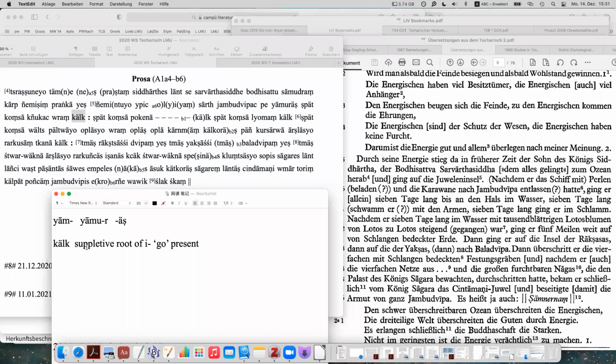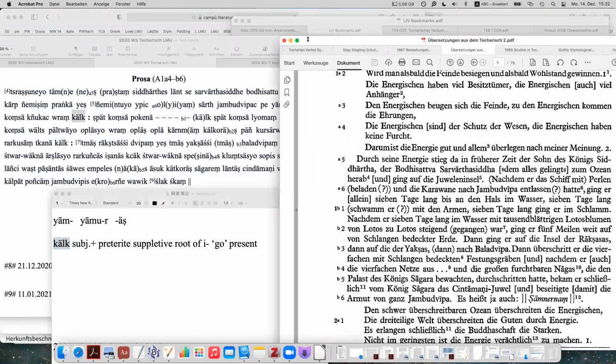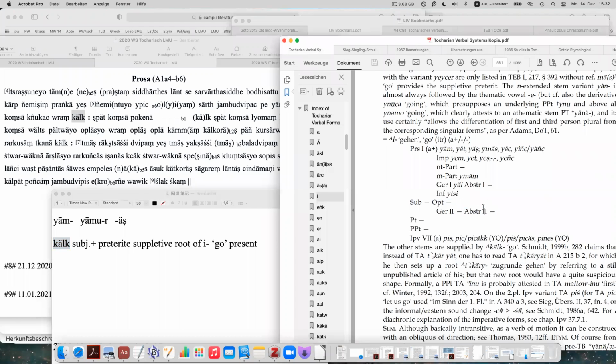But kirk is used in the subjunctive and preterite. This is kirk. Yeah, find it here. So other stems are supplied by kirk, go.